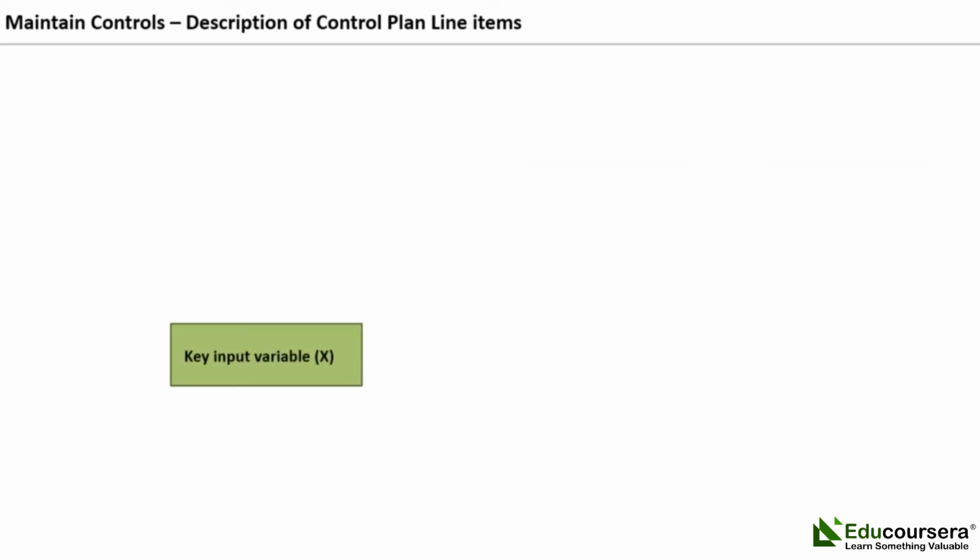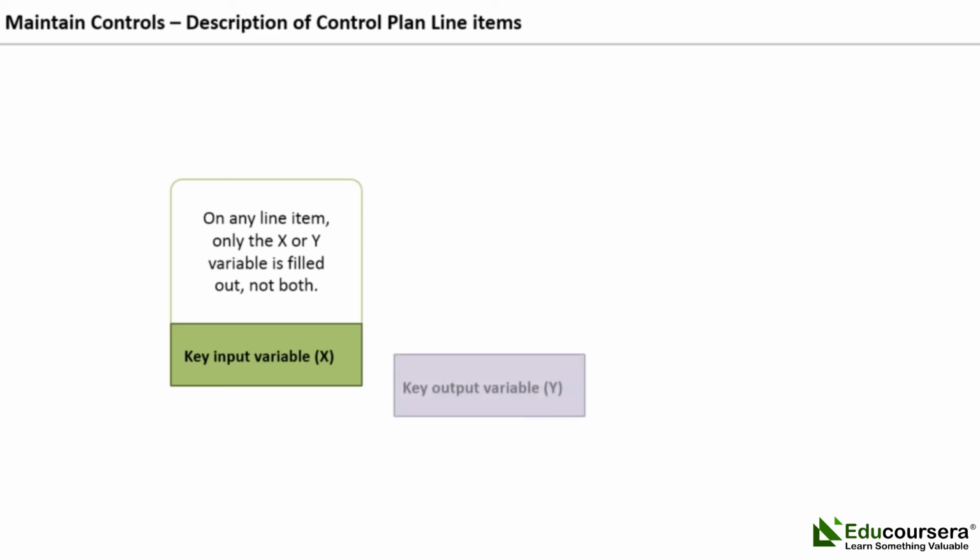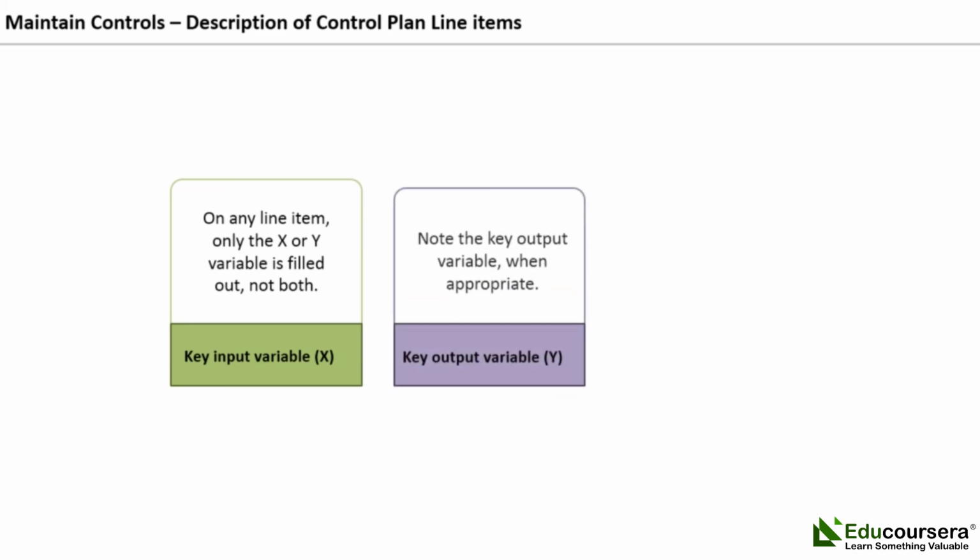Key input variable X. Note the key input variable when appropriate. On any line item, only the X or Y variable is filled out, not both. This is to clearly indicate which item is being monitored and controlled. Key output variable Y. Note the key output variable when appropriate.